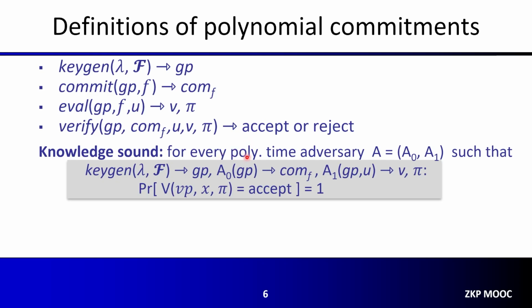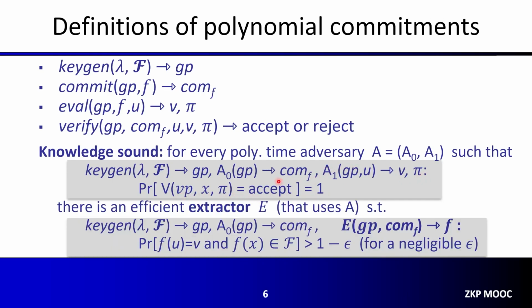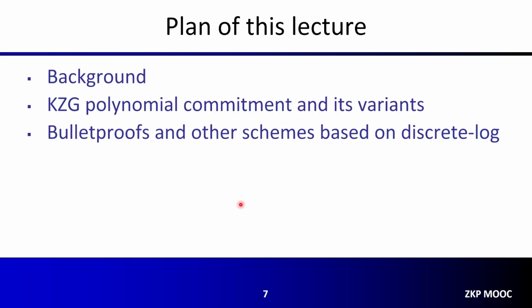It says that for every polynomial time adversary, given the global parameters generated by keygen, if the adversary can output a valid commitment, evaluation, and proof that pass the verification with probability 1, then there must exist an efficient extractor that uses A so that it can extract a polynomial f, where f of u equals v, and f(x) belongs to this family of polynomials with an overwhelming probability. So that is the formal definition of knowledge soundness of polynomial commitments.